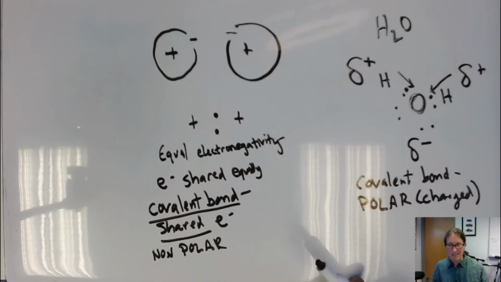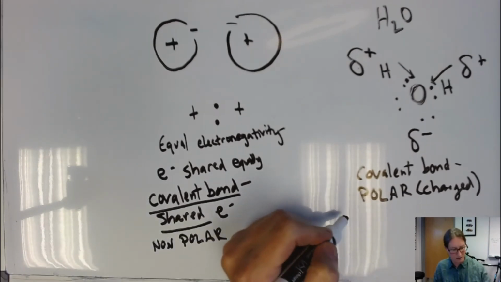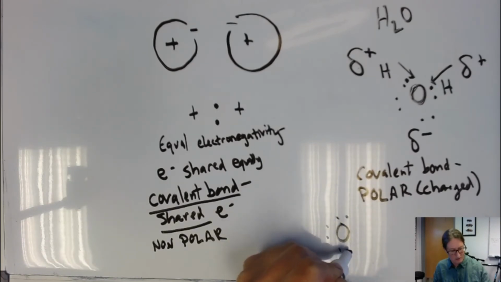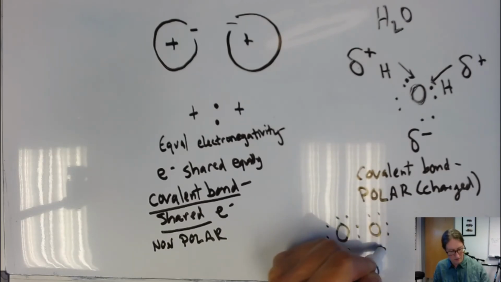Okay, so that's not all we have to think about. There's a couple other configurations to consider. First, there's actually a different way for oxygen to get all the electrons at once, and that is if it teams up with a second oxygen atom. So down here, if we have one oxygen atom, 1, 2, 3, 4, 5, 6, and another oxygen atom.